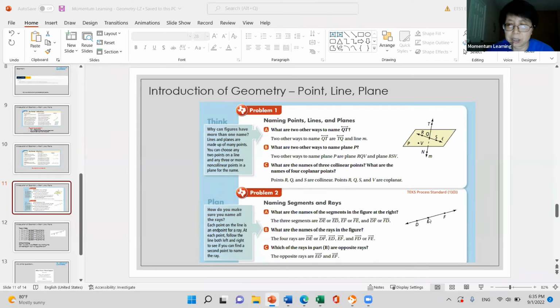Now let's talk about ray. Can you name the two rays for me? When you think about rays, that's part of the line. It has the segment, and it has direction. So ray EF, yes, very good, and ray ED.